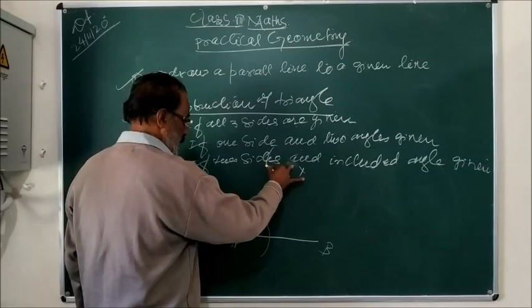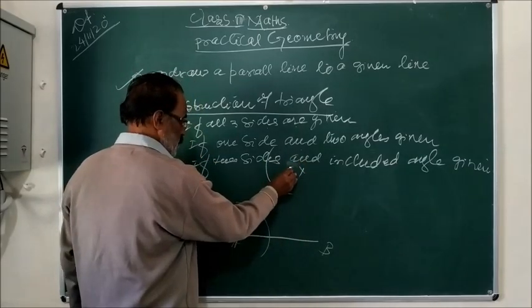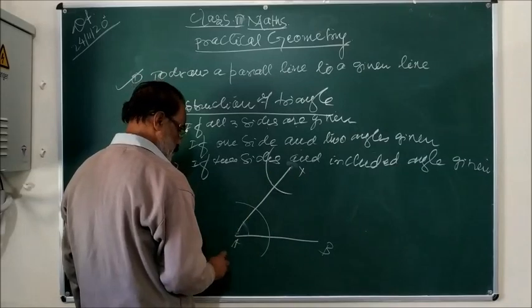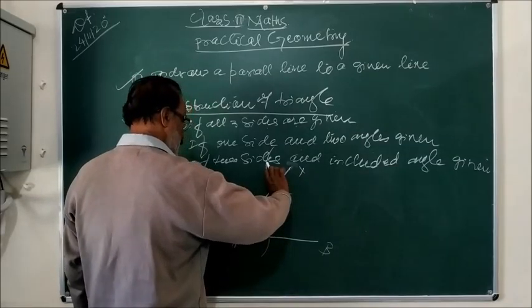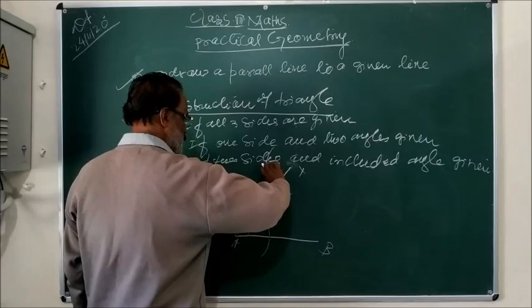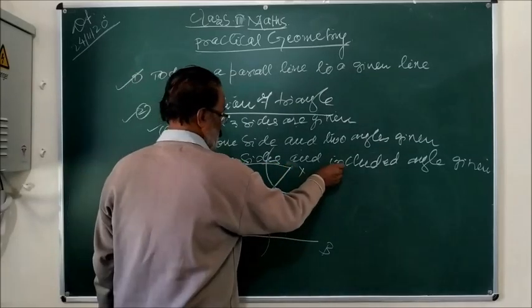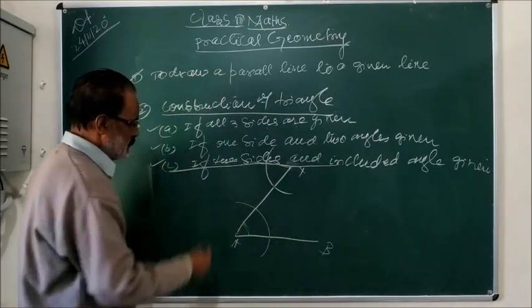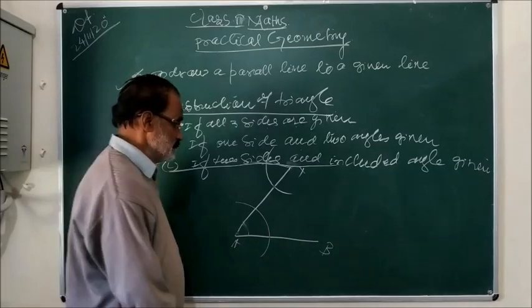You draw another same arc from this point. Now you measure this. Now cut equally from this arc, and if you join, this will be parallel to this. You can make it below also.